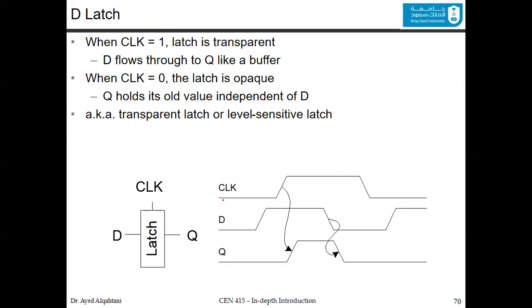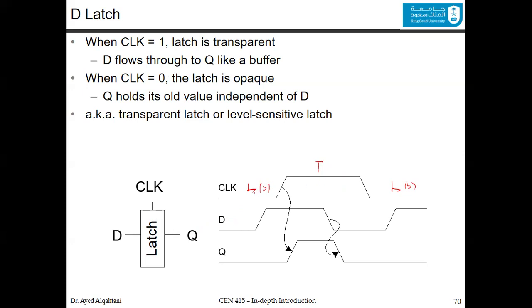If the clock is 0, so you are latching, or let me say saving, or let me call it L, so you have it with the same name. So you are latching, or you could say storing, if you like. And if it is 1, then it is transparent.